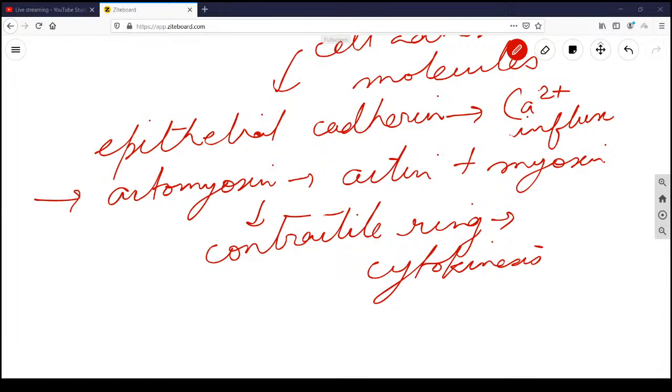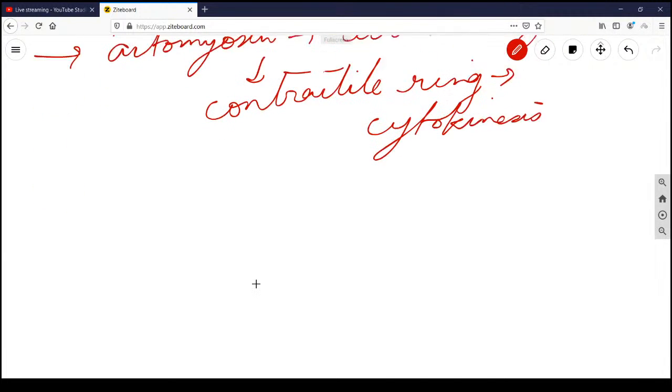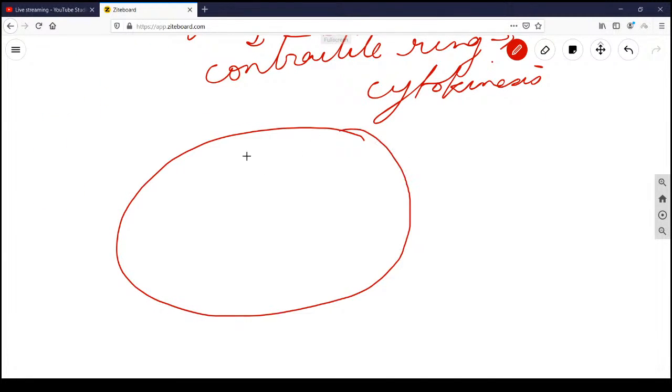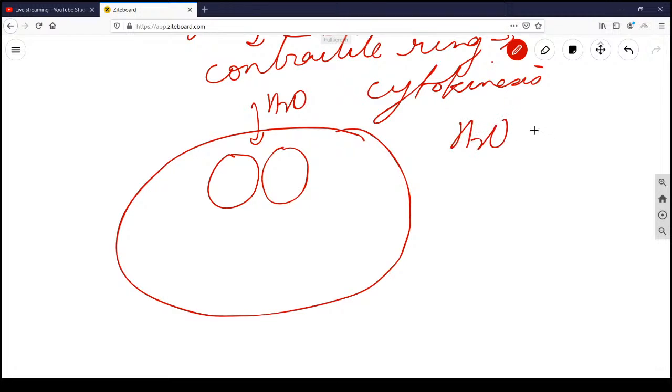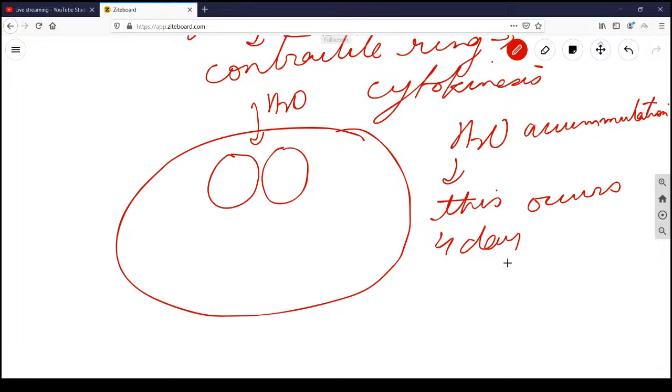So this water accumulation occurs approximately 4 days after fertilization. So when this water accumulation is happening, suppose you have a little bit of space here between the blastomeres, this water would come in, and this process, water accumulation, H2O accumulation, occurs approximately 4 days after fertilization, means after the morula formation.